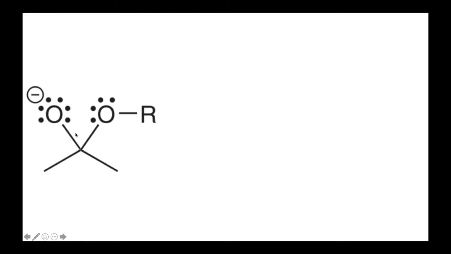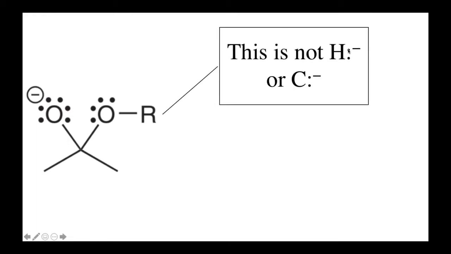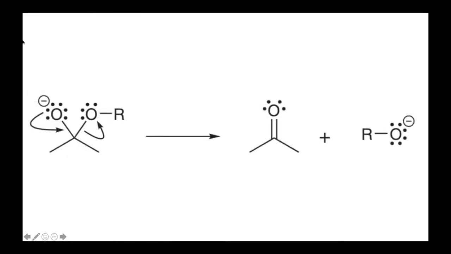Yes. Can it reform? Yes, because this is not hydride or carbide. So the electrons will come back, and then our ether group will be expelled again to form an alkoxide. So making the nucleophile a stronger nucleophile will not work. You'll still get a carbonyl group to reform.